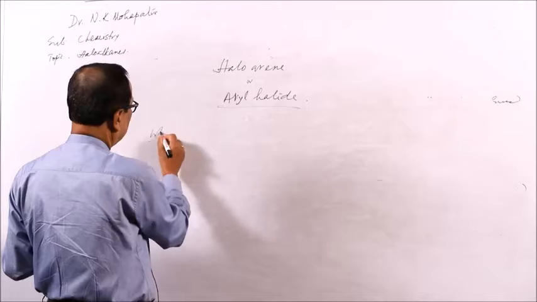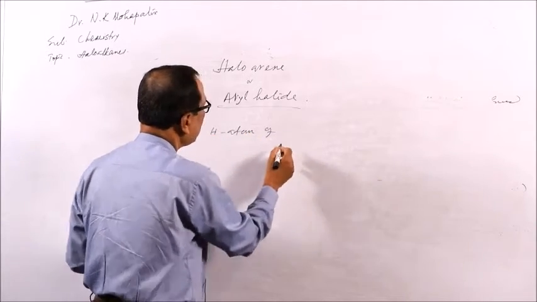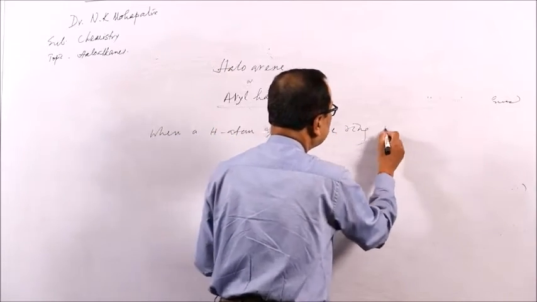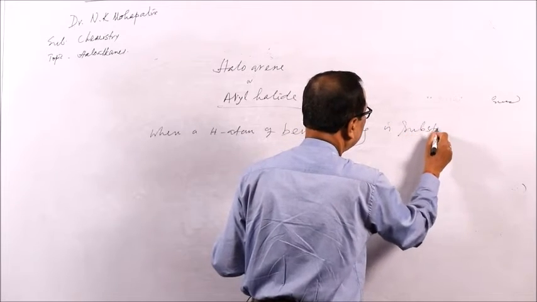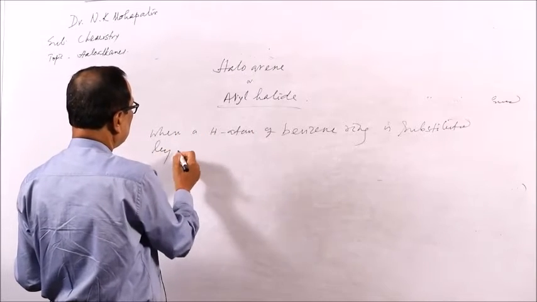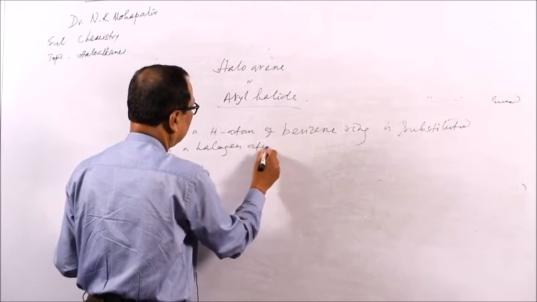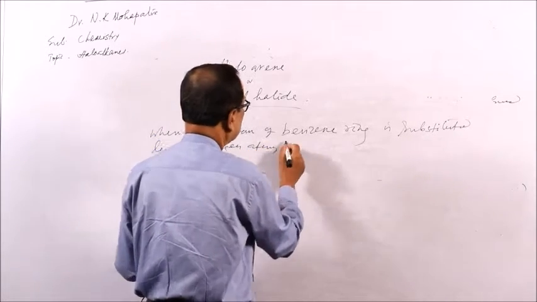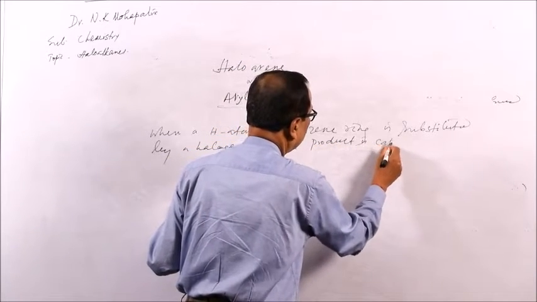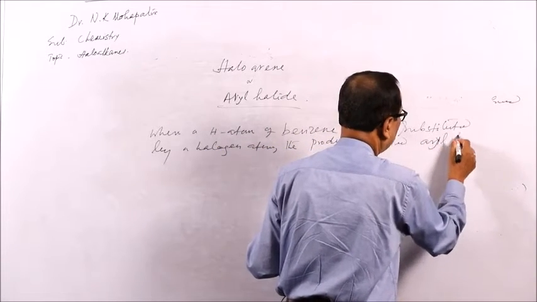When a hydrogen atom of the benzene ring is substituted by a halogen atom, the product is called aryl halide.